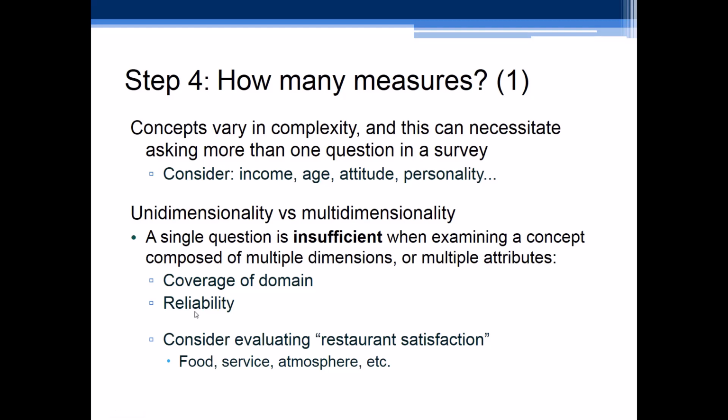You wouldn't just look at their performance on one occasion, you'd ask for them to perform on a few different occasions, and you might take the average. Or if you're after someone's weight, you might measure their weight on several days so that you get a reliable estimate. And we do the same thing when we're measuring these constructs such as attitude, personality, satisfaction, any of these constructs that are a little bit abstract and difficult to get at in marketing research.